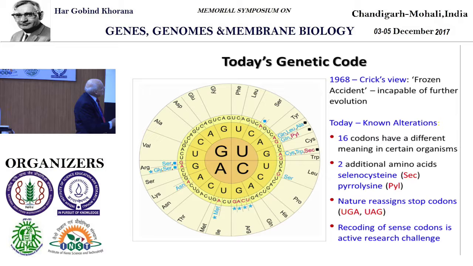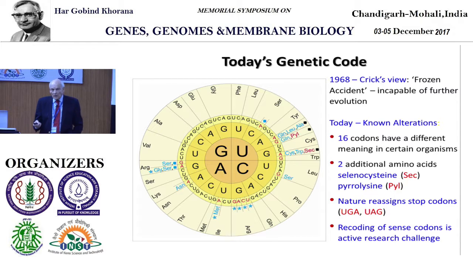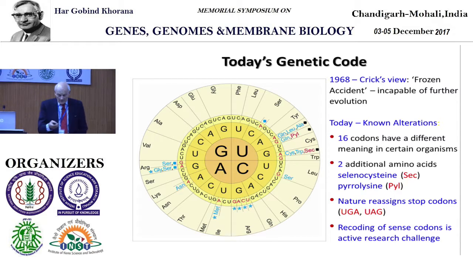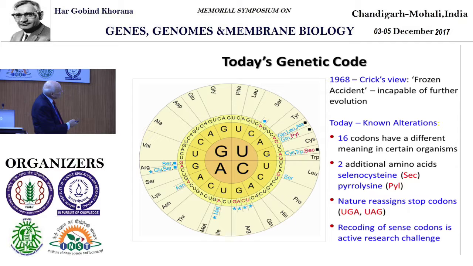Today we know that there are 16 codons, shown in blue, that have different meanings in different organisms. And furthermore, there are two additional amino acids, selenocysteine, encoded by UGA, and pyrrolysine, encoded by UAG.